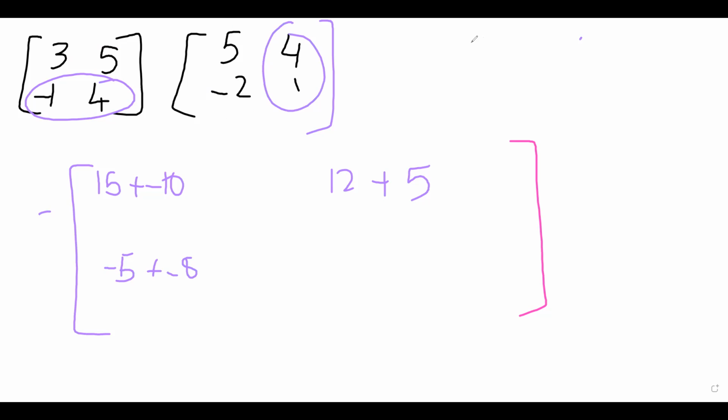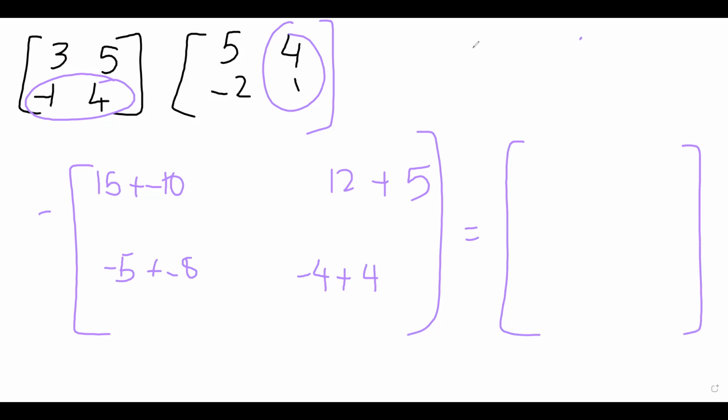Then -1 times 4, which is -4, plus 4 times 1 is 4. Now, after that, I just simplify it. So, the answer is 15 plus -10 is 5. 12 plus 5 is 17. -5 plus -8 is -13. And -4 plus 4 is 0. And the new dimension here is 2 by 2.